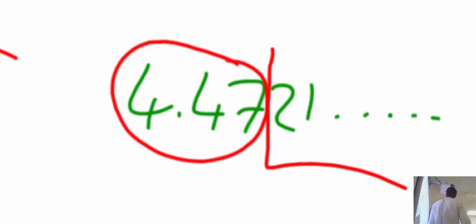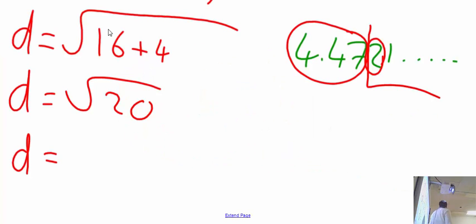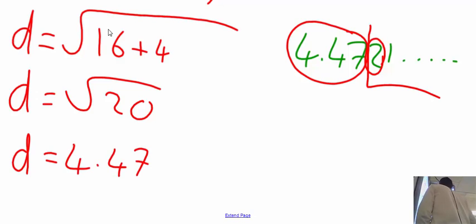If the number starts with 5 or more, in this case, it starts with 2. If it starts with a number that's less than 5, you can simply ignore it and write down, hey, the answer is only 4.47. But if this was a number that was more than 5, let's say 8, 2, 2, 2, 2.